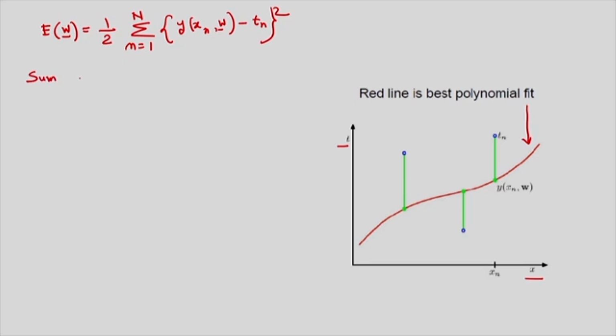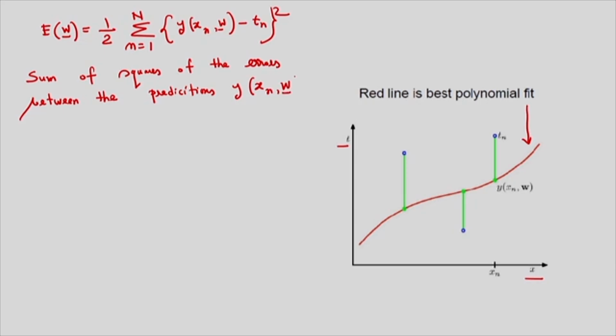The meaning is the sum of squares of the errors between the prediction for each data point xn and the target value tn.